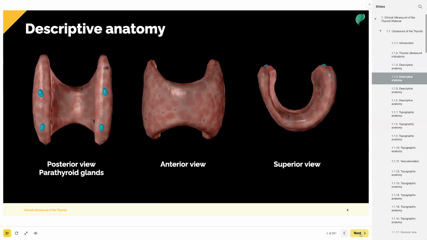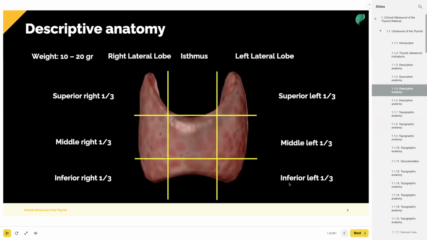I'm going to go to the next slide and show you how we normally categorize the different anatomical locations when it comes to describing locations of where a nodule might be, or an area that we are focusing on, and how to communicate that properly.